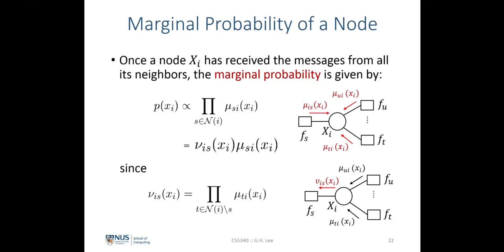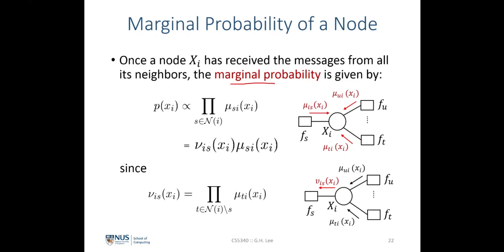Now suppose that we define the root node in the factor graph as the random variable node xi. We'll only be able to compute the marginal probability distribution after xi has received all the messages from its neighboring factor nodes, as defined by the message passing protocol.